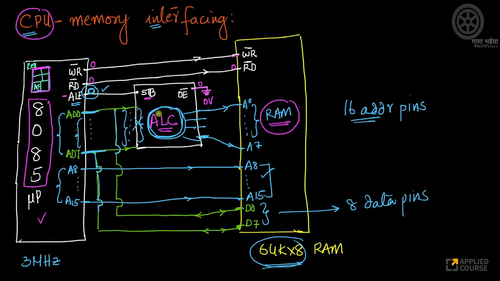So because my ALE is 0 when I'm using these as data pins, strobe is 0, which means these pins' input will not be taken into the ALC. Whatever values are stored in the ALC are given to the address pins. Now whatever data is passing through these pins, because ALE equals 0, is connected to the data pins of my RAM. This is how the whole interfacing works.